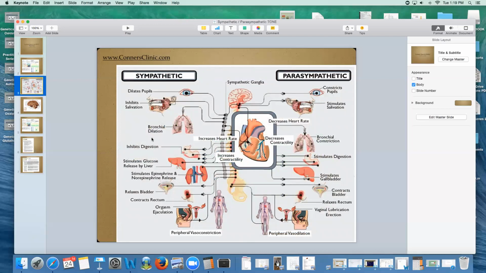When your sympathetics kick in, your eyes dilate, you get a little cotton mouth, your bronchial tubes dilate to get oxygen to your tissues really quick. It inhibits digestion because, hey, we don't need to digest food. We're going to get eaten by a polar bear.